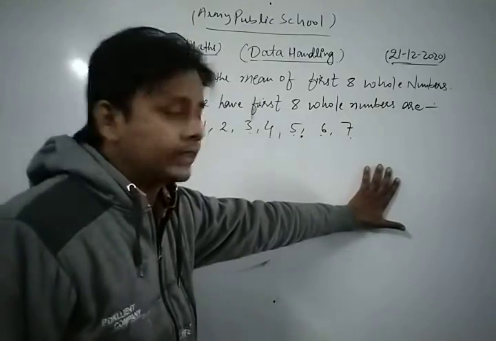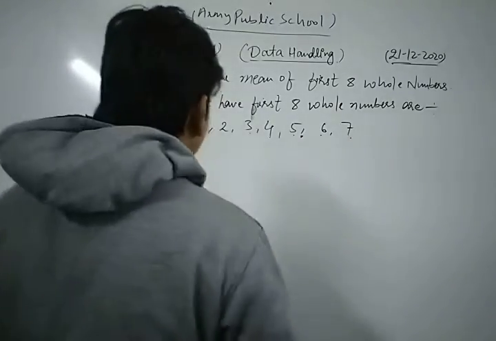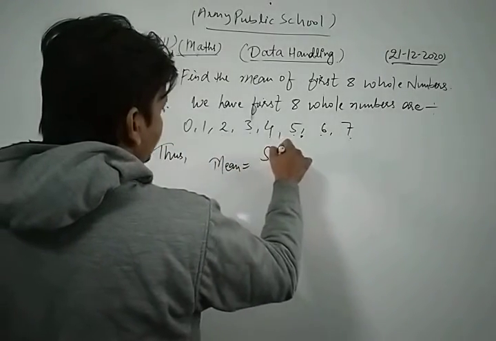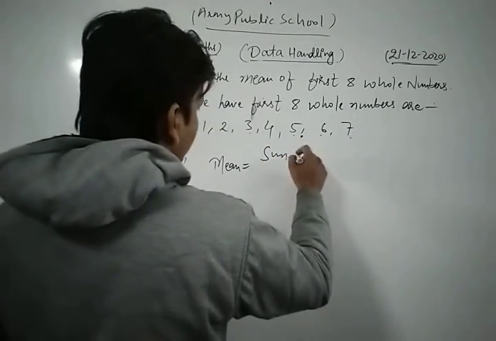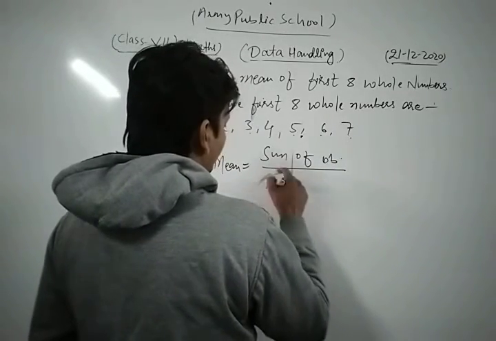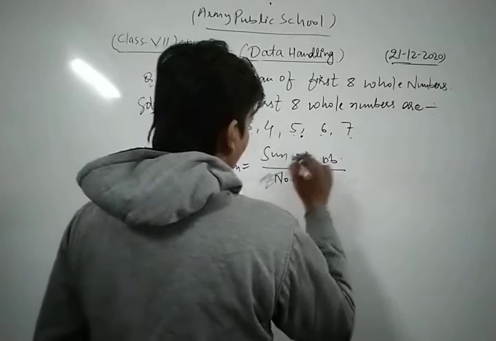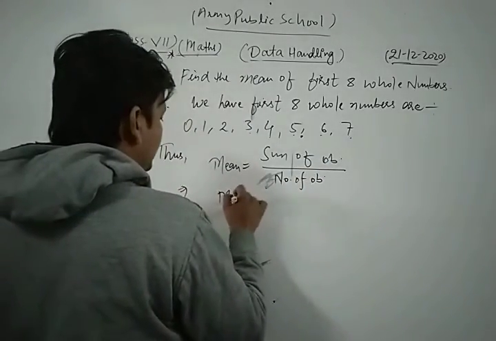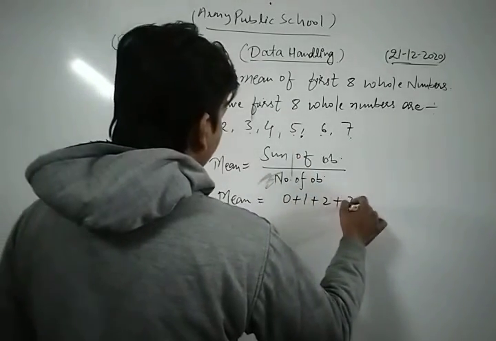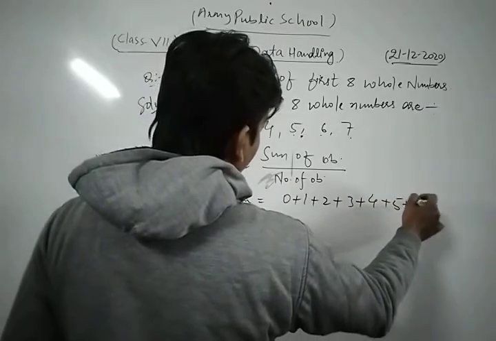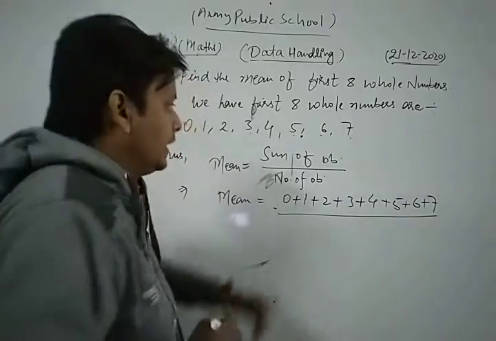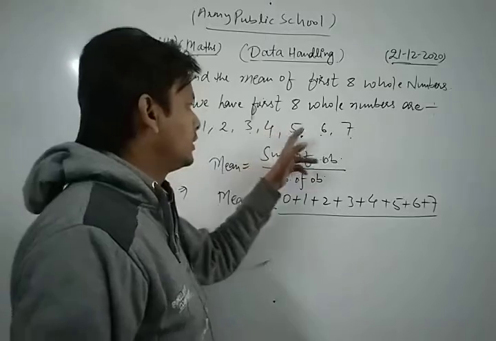Now we find its mean. Thus its mean is the sum of observations divided by the number of observations. Thus the mean is the sum of observations, that is 0 plus 1 plus 2 plus 3 plus 4 plus 5 plus 6 plus 7, divided by the number of observations, and here the number of observations is 8: 1, 2, 3, 4, 5, 6, 7 and 8.